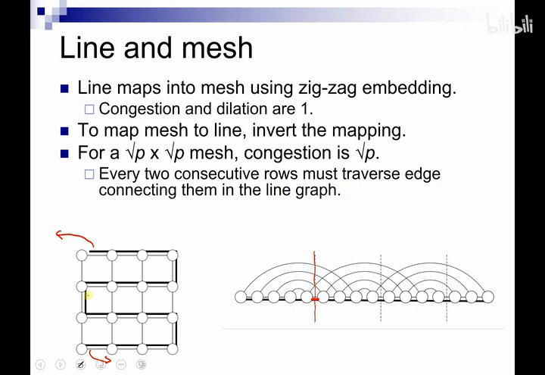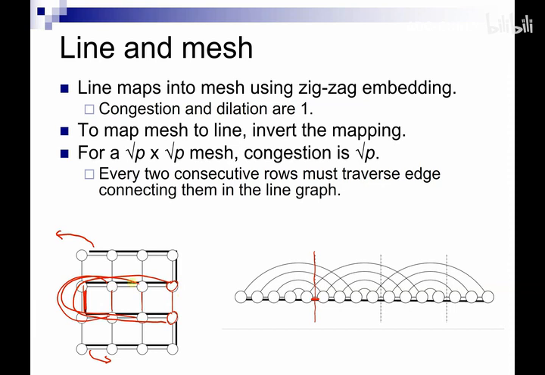For example, if you consider this edge over here, how many edges from the mesh have to cross this line? Here's an edge from the mesh that's got to cross this line, because in order to get from this node to this node, we're going to have to take this path in the line. Now this edge is also going to cross this line, because we're going to take this path, and this is going to cross the line, and then this is going to cross the line.